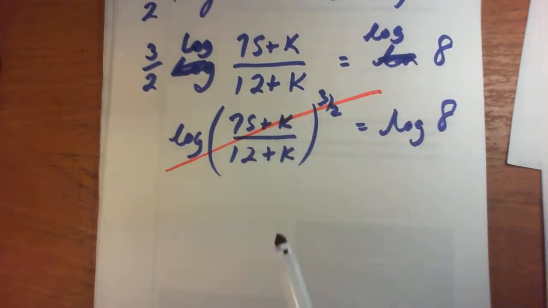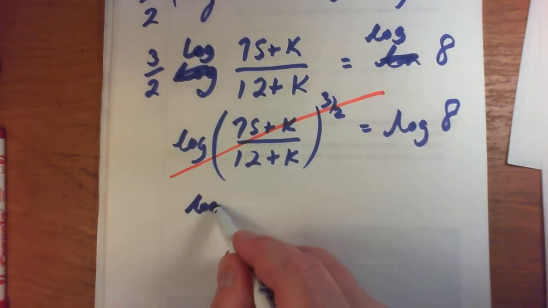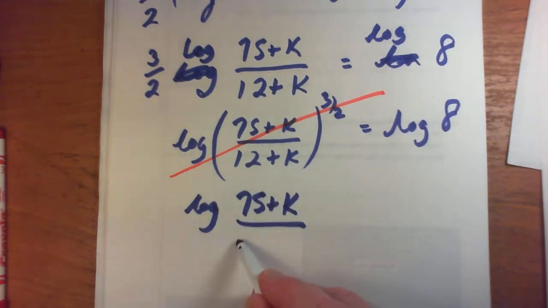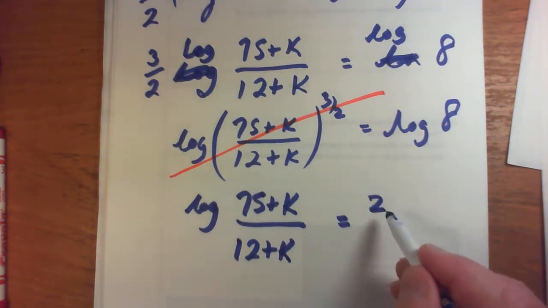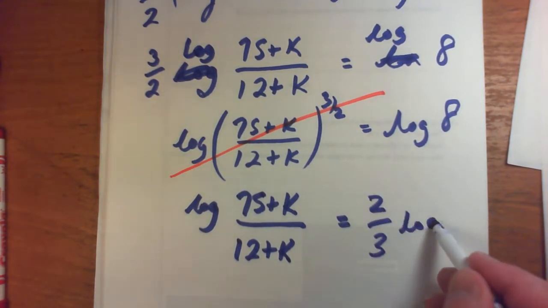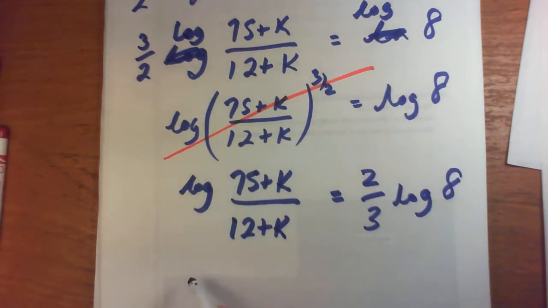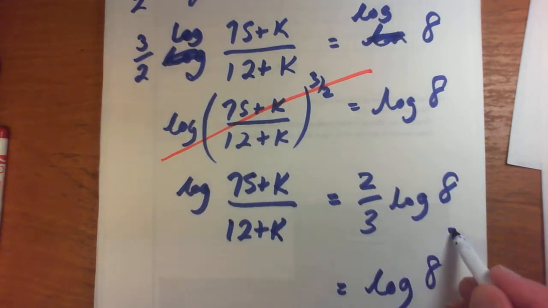So what would be much better, instead of doing that, would be to have log of 75 plus k over 12 plus k equals 2 over 3 log 8, and that equals log 8 to the power 2 over 3.